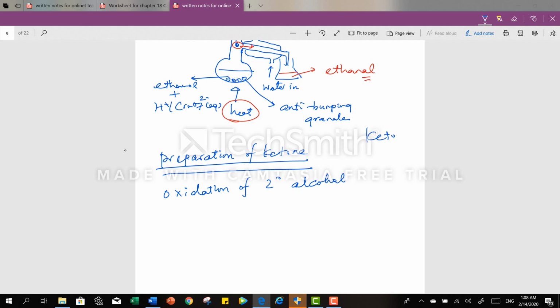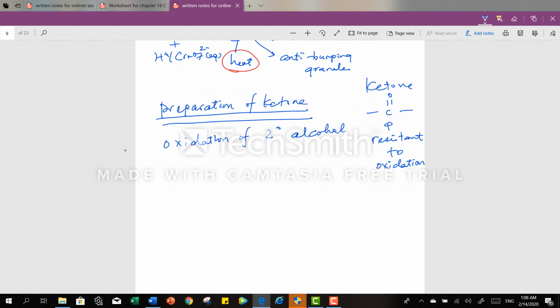Remember, that means when a ketone is formed, it can no longer be oxidized further to any other product. So you can use heating and reflux to make sure the reaction is complete. Heating and reflux is basically a vertical condenser connected with the pear-shaped flask, so I'm not going to draw it up. I bet you have already drawn the setup a lot of times.